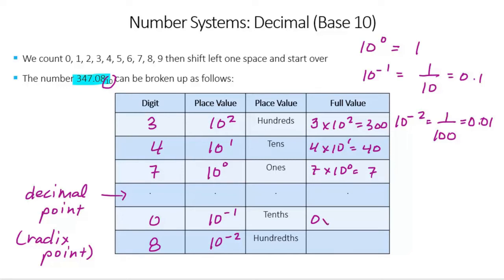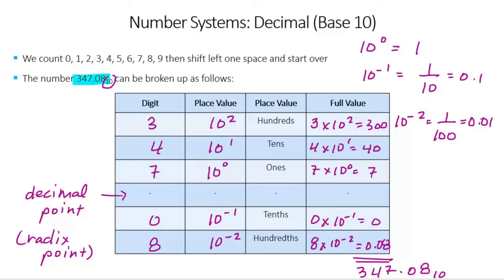We have 0 groups of tenths, which is still 0, and 8 groups of the very small hundredths, which is 0.08. If we add up 347, 0, and 0.08, we return to the original number of 347.08.